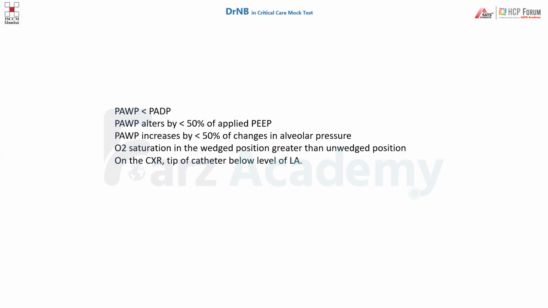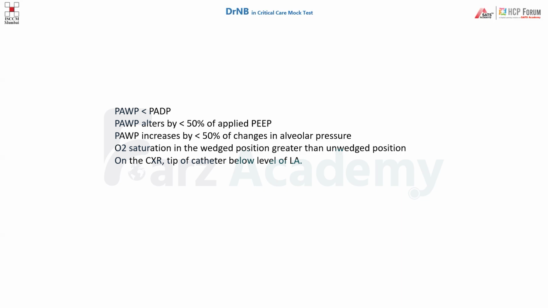And pulmonary artery pressure should increase by less than 50% whenever the alveolar pressure changes, especially when the patient is breathing spontaneously. And the oxygen saturation in the wedged position is greater than the unwedged position.